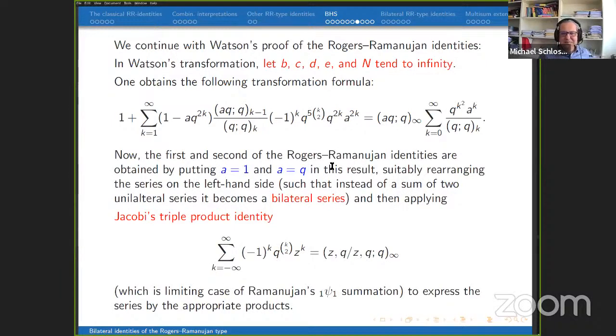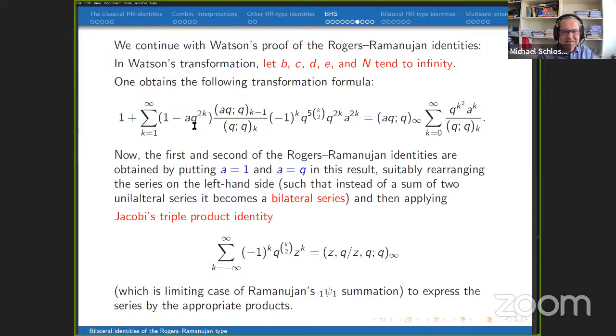And now there are two. Without these Q-shifted factorials, you can more or less apply instances of Jacobi's triple product identity. So to get rid of them, you let A be either 1 or Q, and then you get the 2, and you apply Jacobi's triple product identity to the left-hand side. Actually, you have 2 terms here.